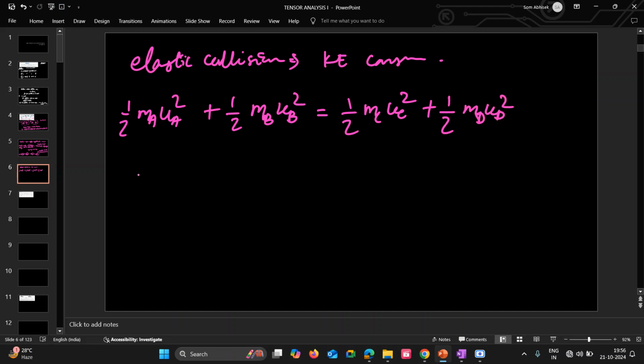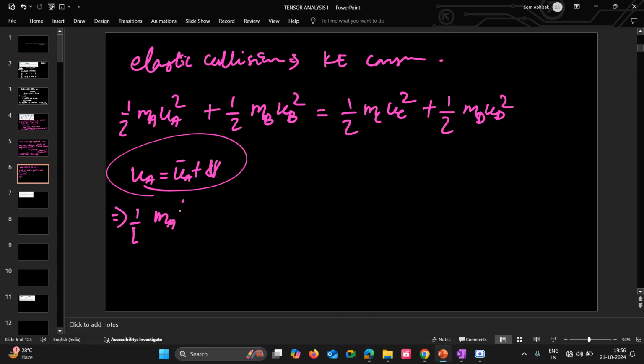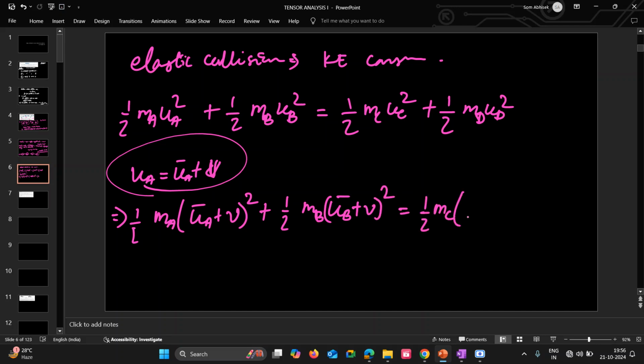Again we will put Ua is equal to Ua bar plus V, like that, V everywhere. So again half Ma (Ua bar plus V) whole square plus half Mb (Ub bar plus V) whole square is equal to half Mc (Uc bar plus V) whole square plus half Md (Ud bar plus V) whole square.